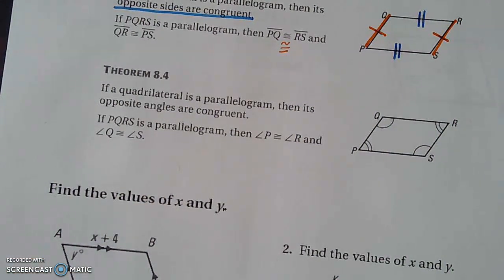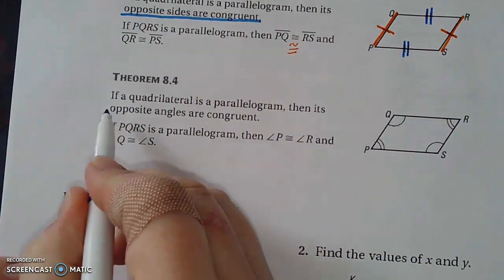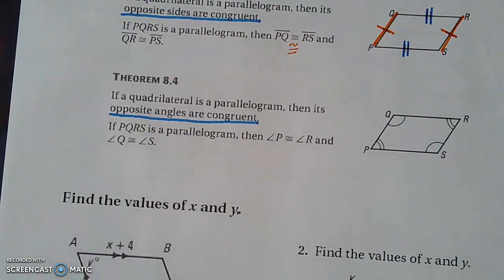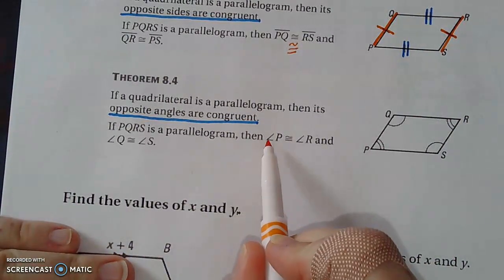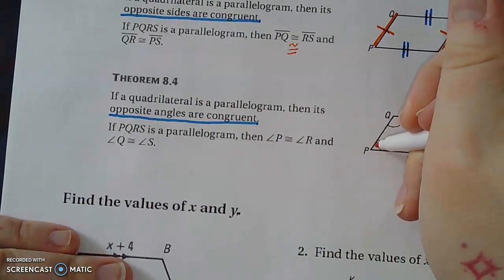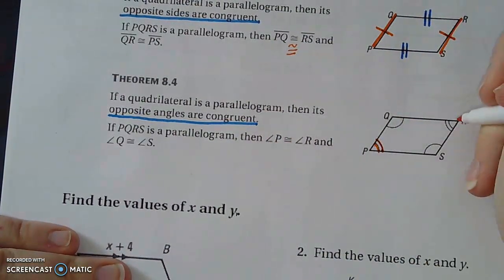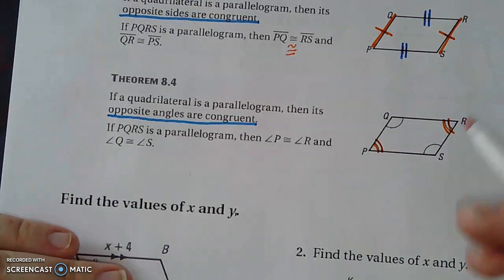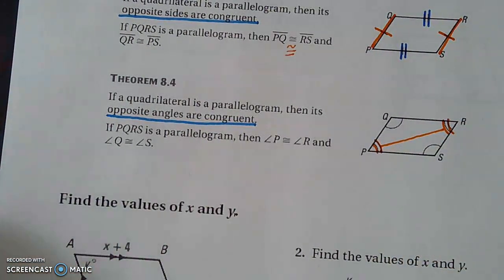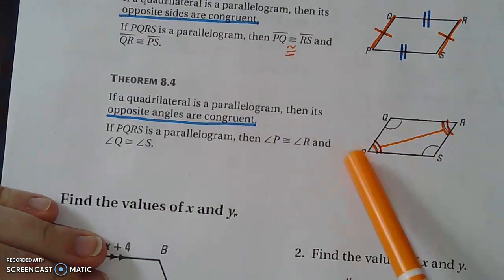So let's move on to theorem 8.4. If a quadrilateral is a parallelogram, then its opposite angles are congruent. Let's see what this means in terms of symbols. I'm seeing angle P is congruent to angle R. So here is angle P, here is angle R. We notice that they are opposite of each other, in opposite corners of the shape.